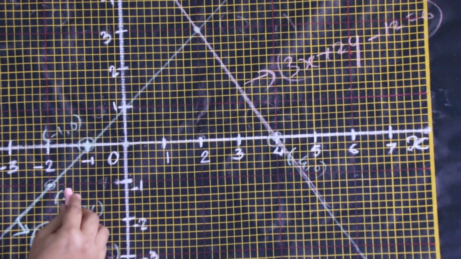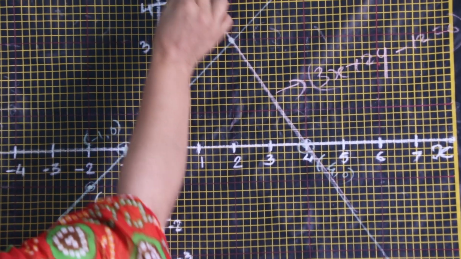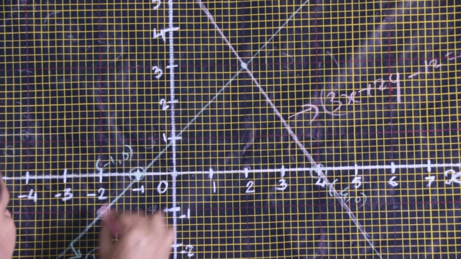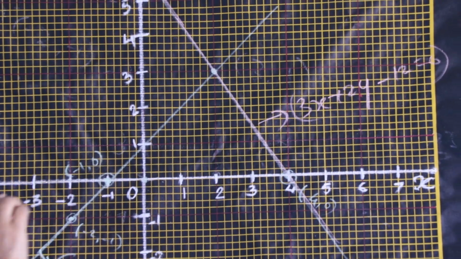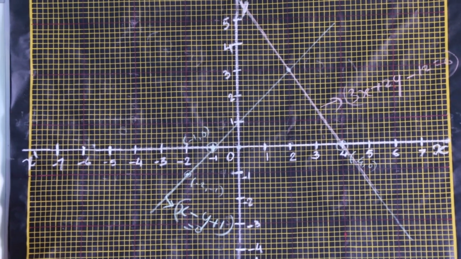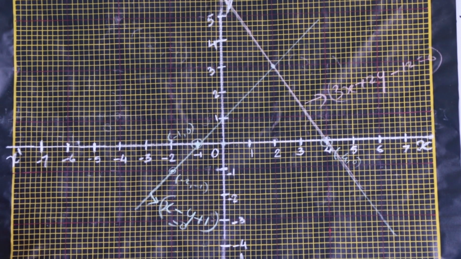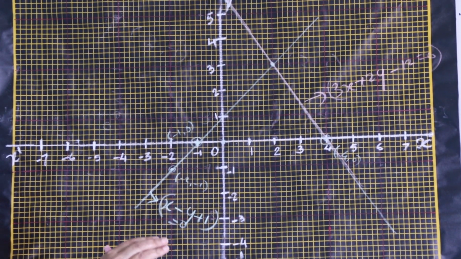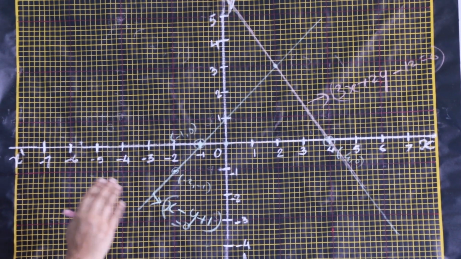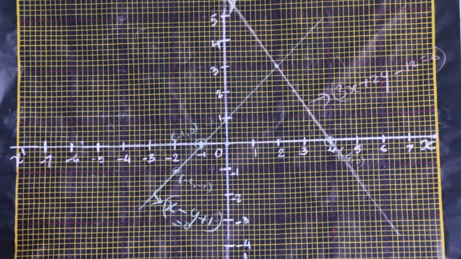Now, if you observe these two lines, this is one line and this is another line. Question might be asked in two ways. Find the vertices of triangle formed by these two lines. And from here there are two different types: these two lines with x-axis, these two lines with y-axis.